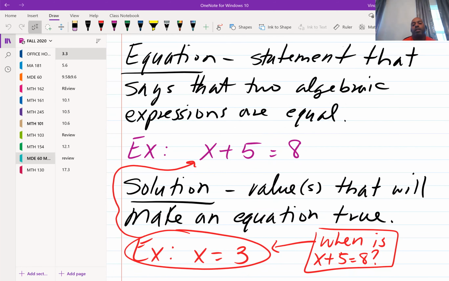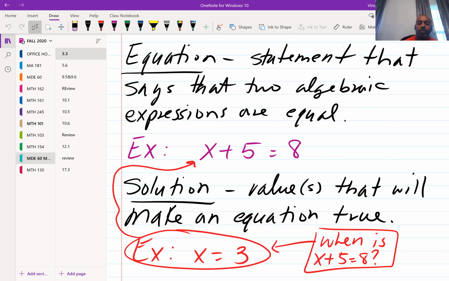So a solution, which is what we will be looking for, is a value that makes an equation true. In this case, x equal to 3 is our solution, because 3 plus 5 is 8. You can always plug that solution back into your equation to see if you get a true statement: 3 plus 5 is equal to 8.